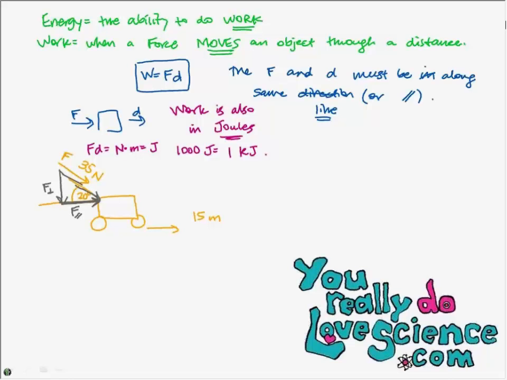The parallel one? Yeah, you need the parallel one. So we're going to say cosine, right? We're going to say 35 times cosine of 20, and that will give us the force parallel, because the cosine of 20 equals the adjacent.